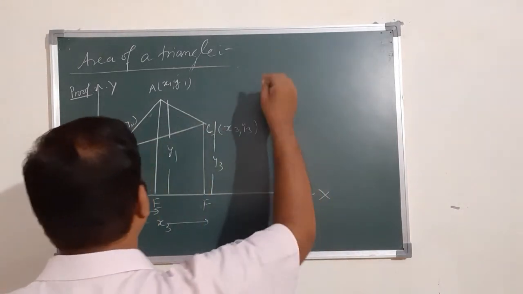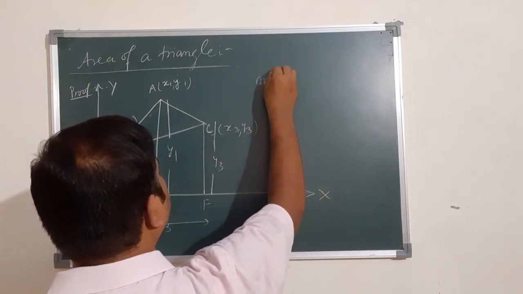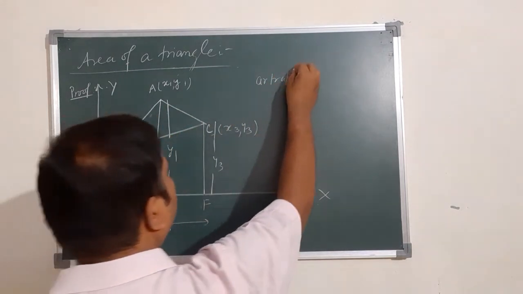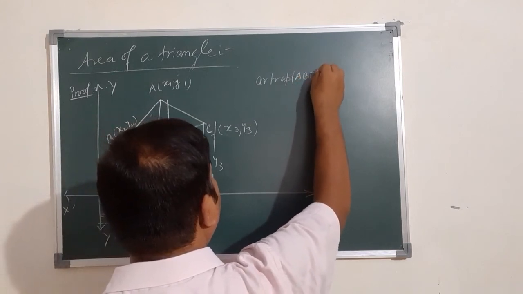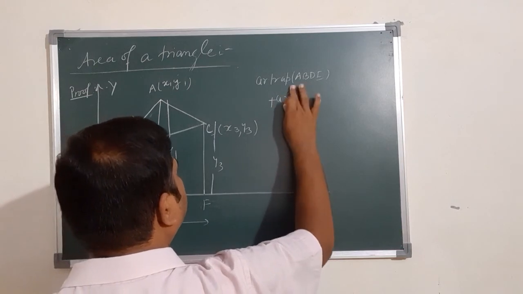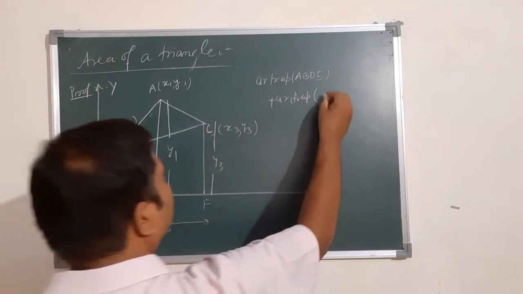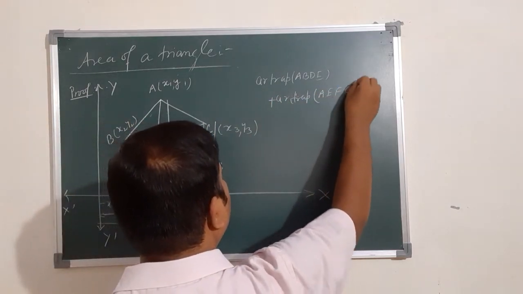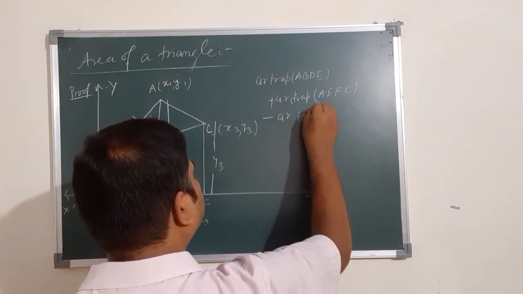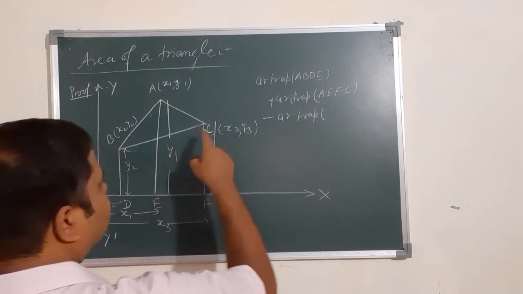Here we write: area of trapezium ABDE plus area of trapezium AEFC minus area of trapezium BDFC.